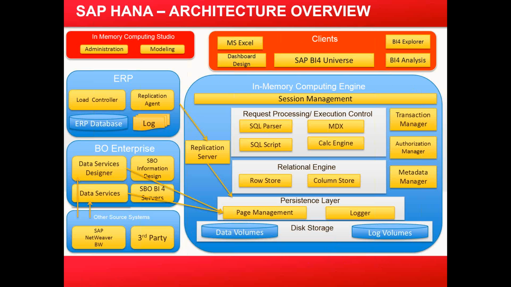A specific process is dedicated to these paging mechanisms, and that is the page management happening in the memory. The logger will also log any kind of changes that happen in the temporary staging area.